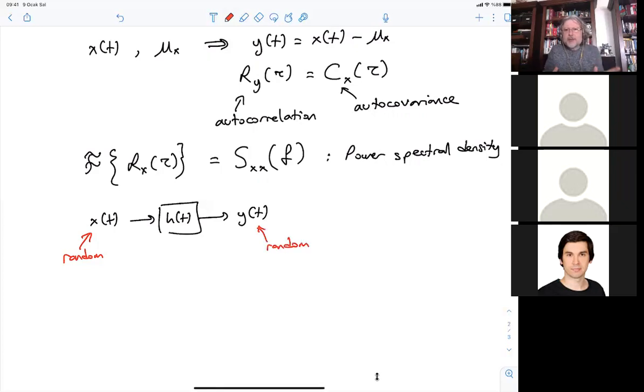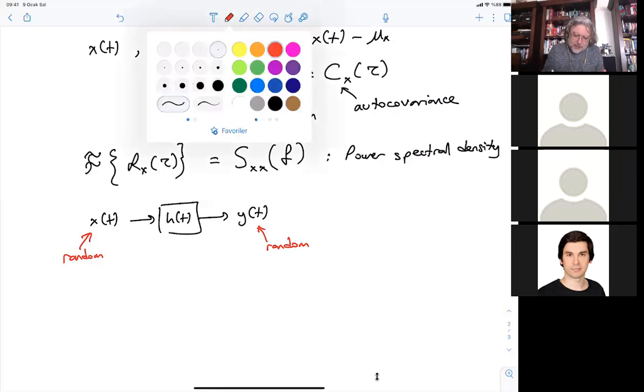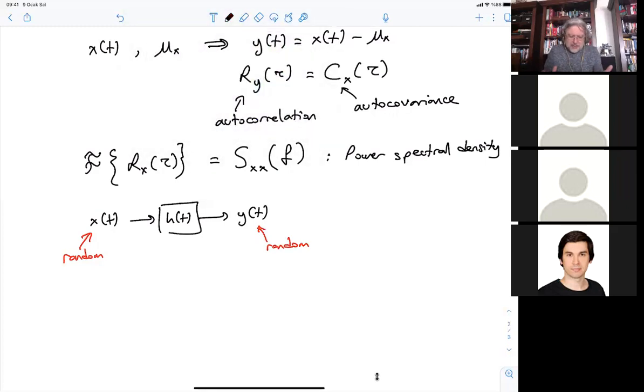How can we relate y of t to x of t? Normally, if it is a deterministic signal, then we convolve x of t and h of t and obtain y of t. Or we take the Fourier transform of x of t, capital X of f, and the Fourier transform of h of t, capital H of f, then multiply X of f and H of f and obtain Y of f, the Fourier transform of y of t. But it only works if things are deterministic.